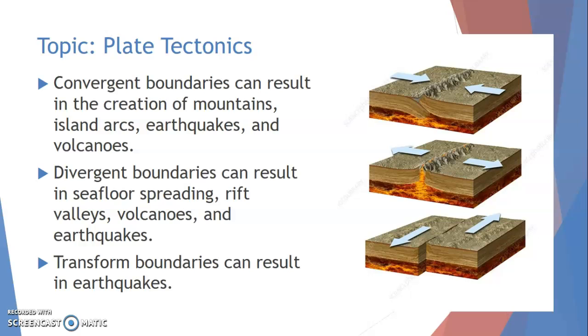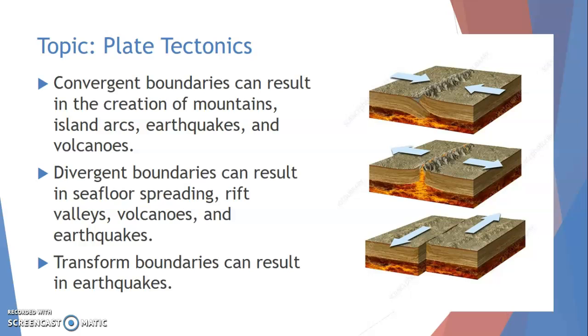So just because crusts are coming together or moving apart, it doesn't mean that you can't see similar land formations. The biggest difference with a convergent boundary, where you have two plates coming together, is that you're going to see mountains. That is specific to convergent boundaries. And then seafloor spreading is specific to the divergent boundaries.